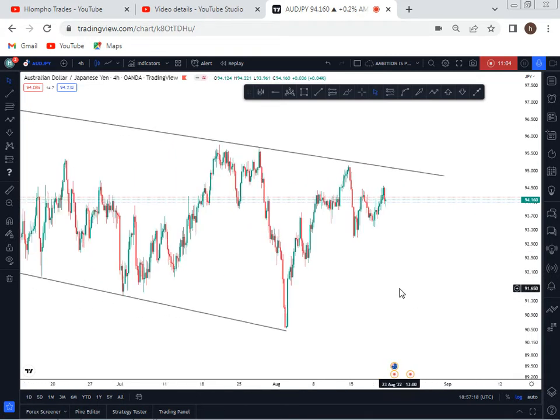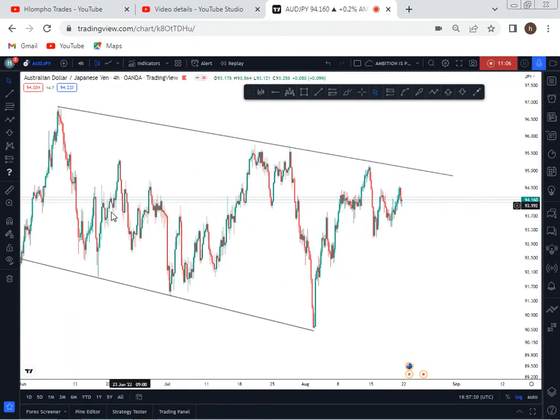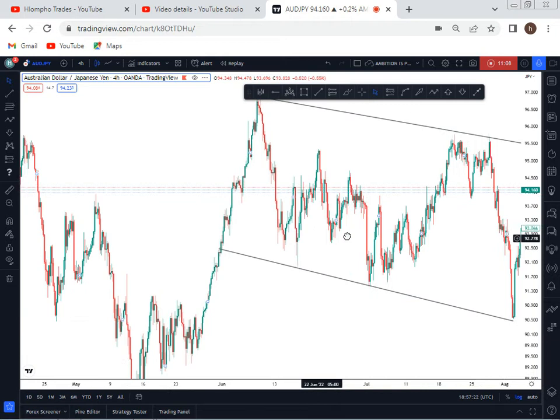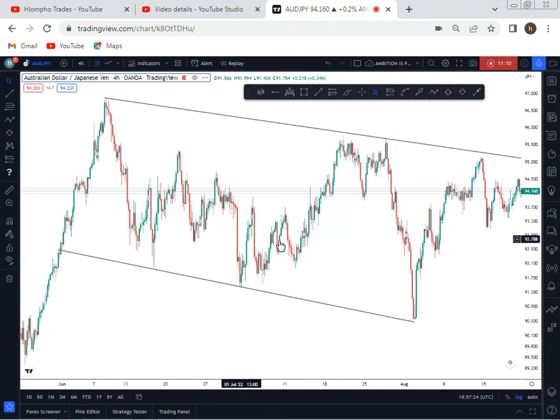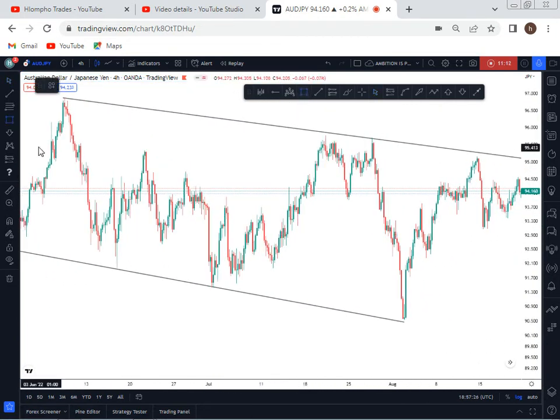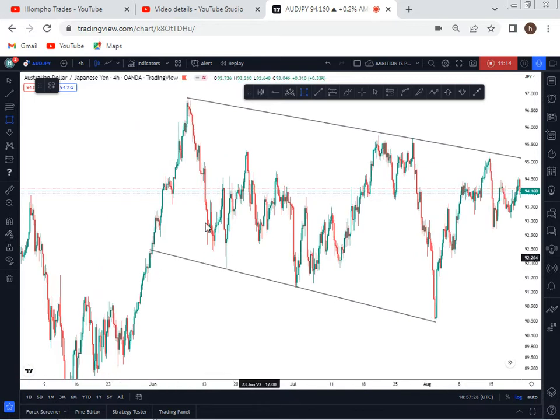So I have to spot our support and resistance again, guys, inside the chart, inside our trend line.